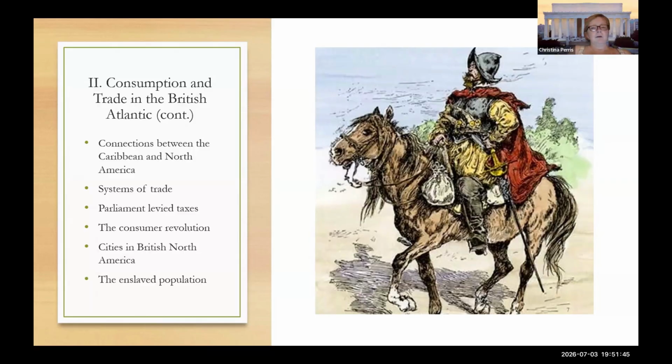So we come up to these systems of trade, which all existed with the purpose of enriching Great Britain. To ensure that profits ended up in Britain, Parliament issued taxes on trade under the Navigation Acts. These taxes intertwined consumption with politics.